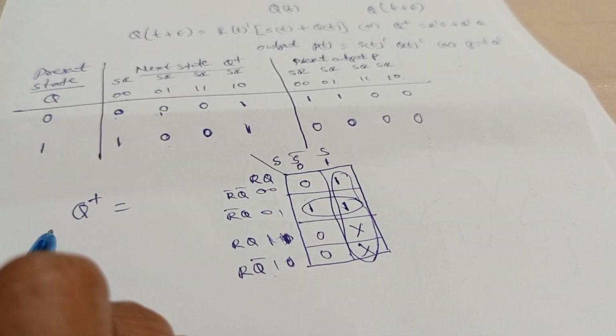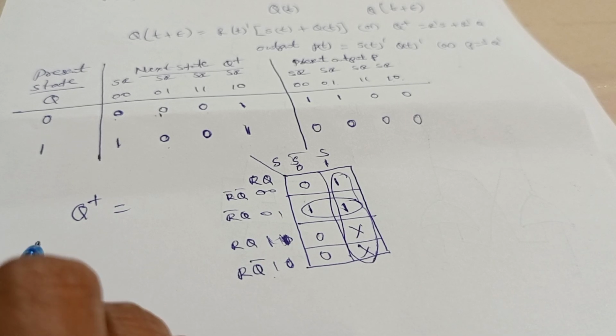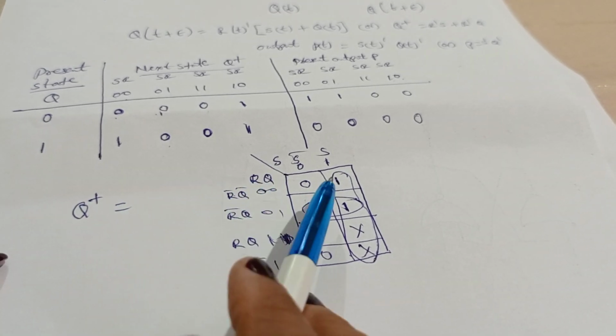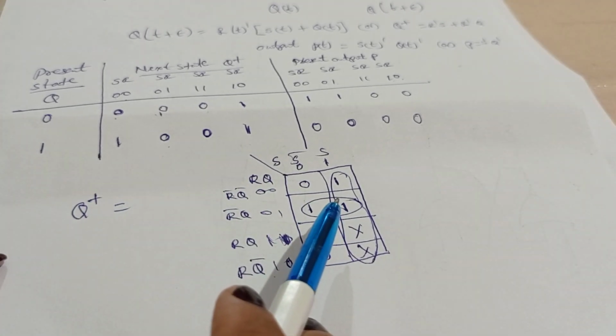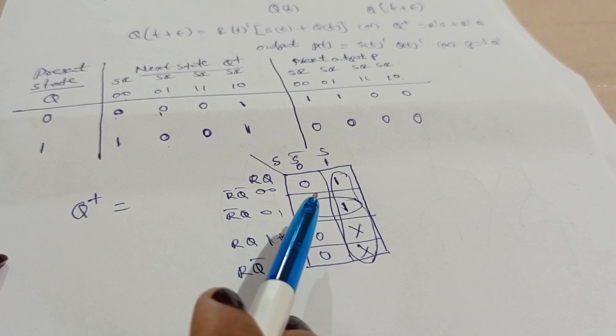By this we'll get the characteristic equation. We call this equation, the next state of the latch in terms of its present state and inputs, the next state equation.